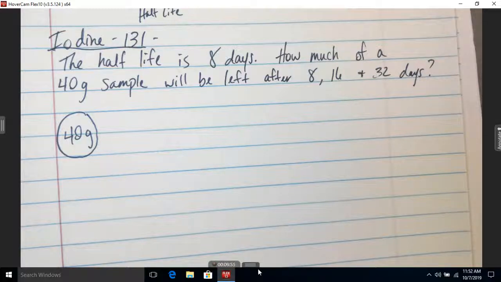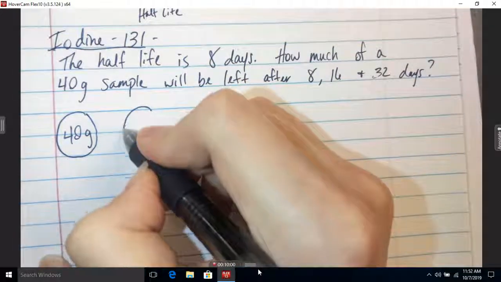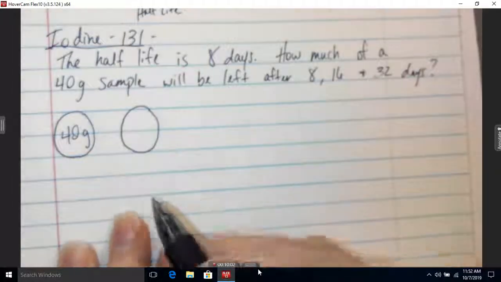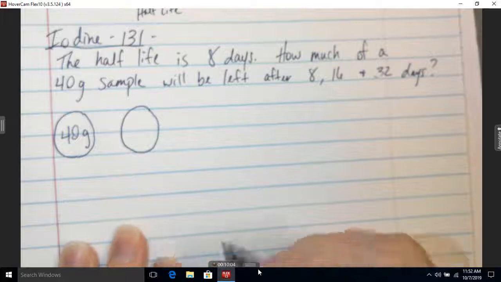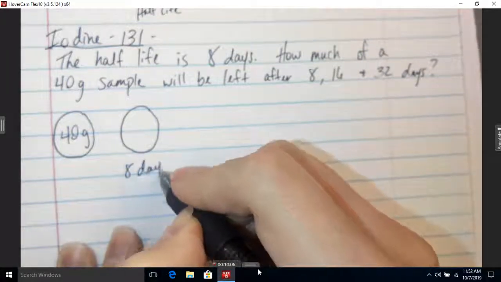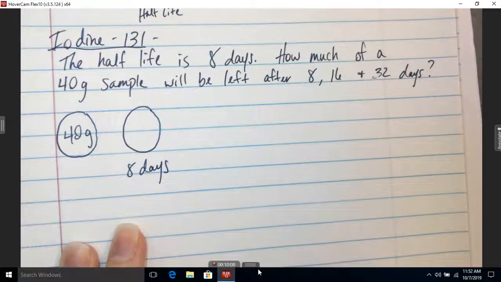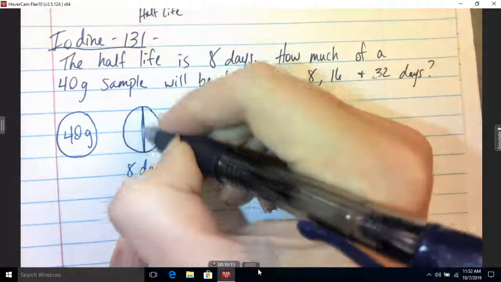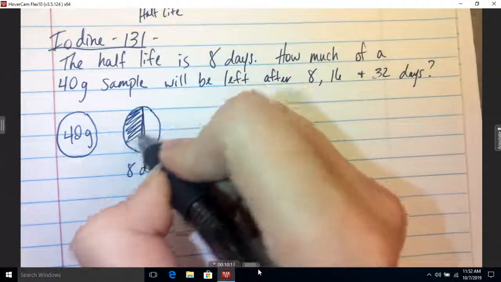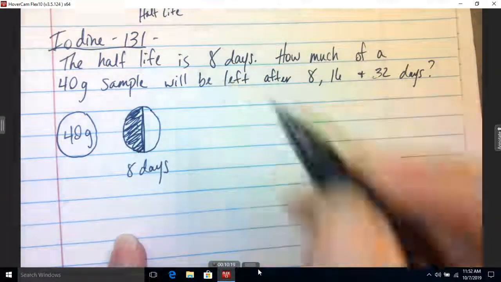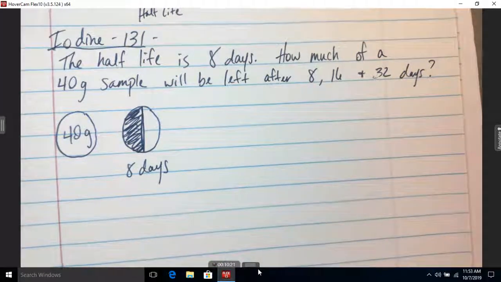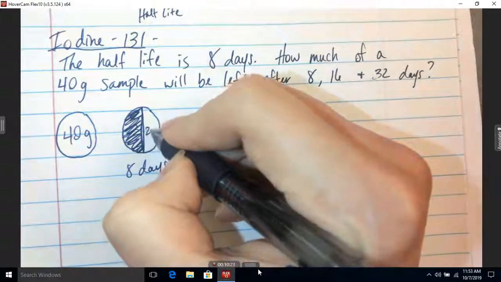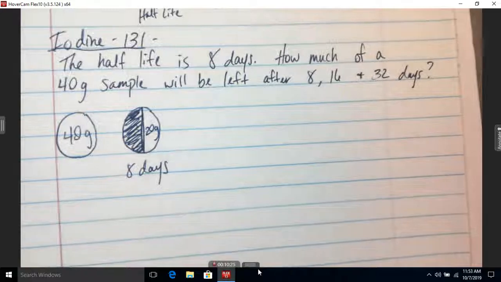What did they say the half-life is? 8 days. So this one happens at which point? How long did that take? 8 days. How much is going to be decayed? 50% is decayed, half is gone, and how many grams is left? 20 grams. Who's confused? There's the first answer.